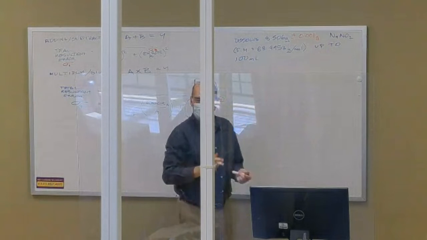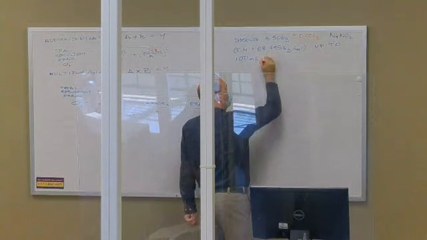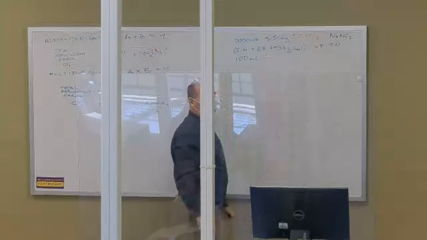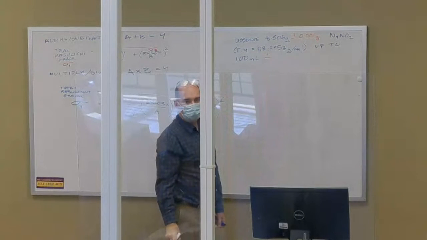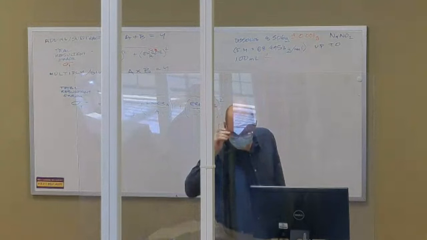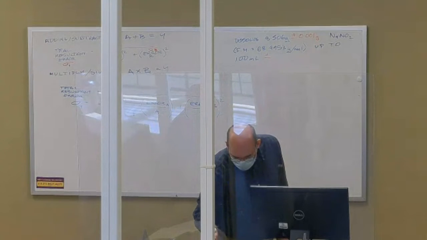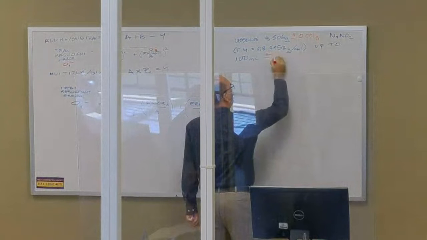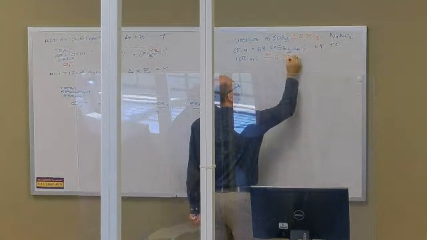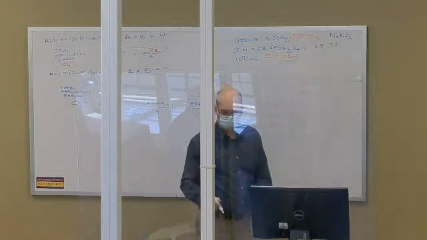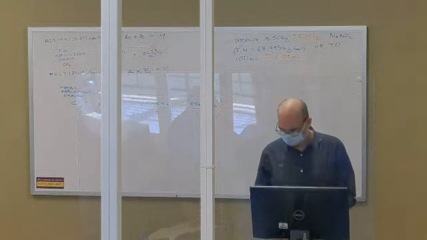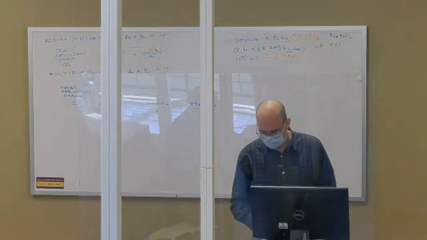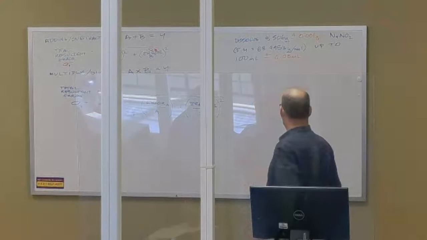And the volumetric flask that I'm using has a tolerance, has an associated error of 0.08 milliliters. Okay, so I have to do a couple of things.